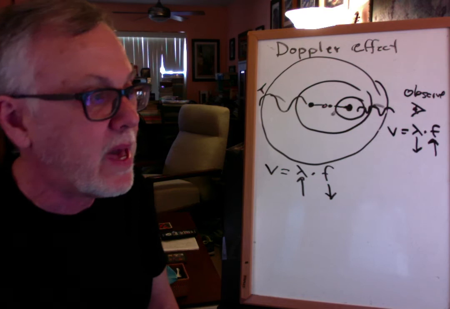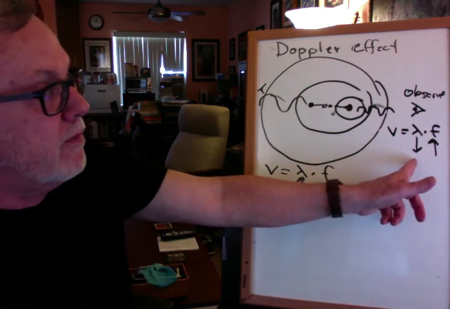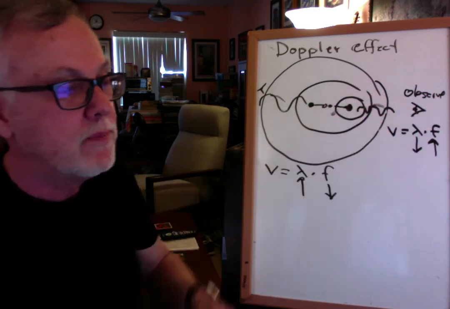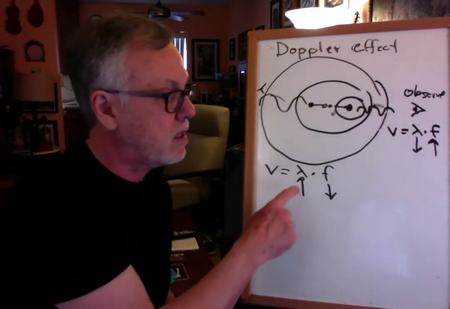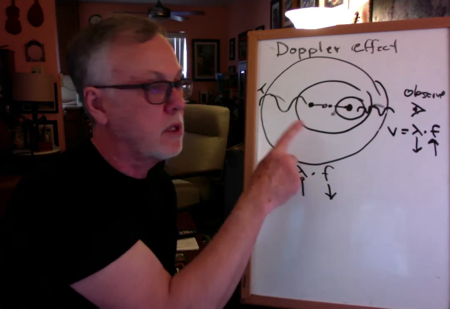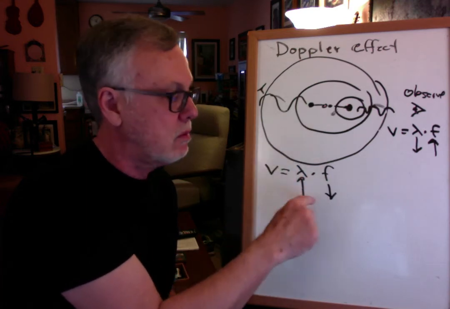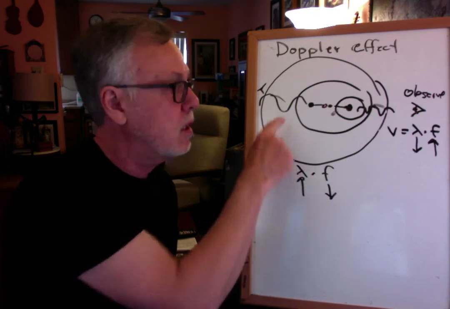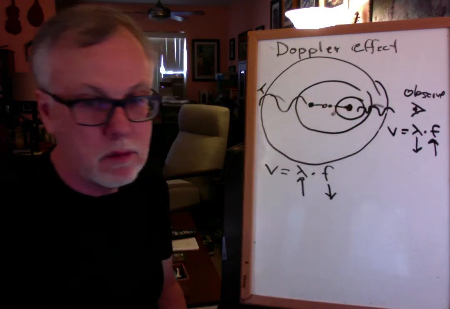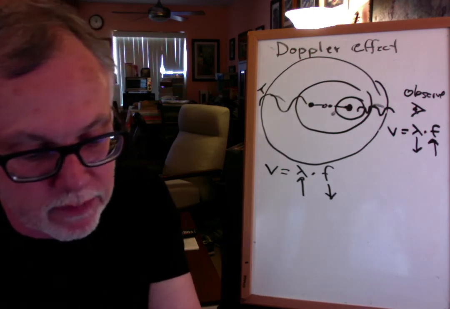And the only way that happens is if the source of sound is coming towards us. But if we measure basically the fact that the frequency is smaller, meaning the wavelength is larger, then the source of light would be moving away from us. Blue shift and red shift.